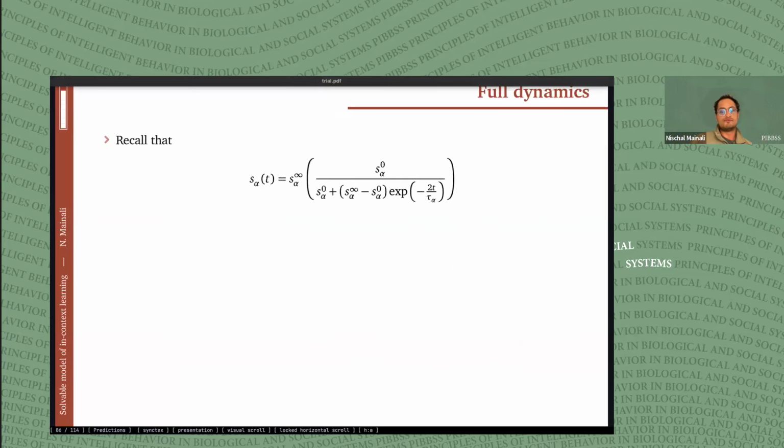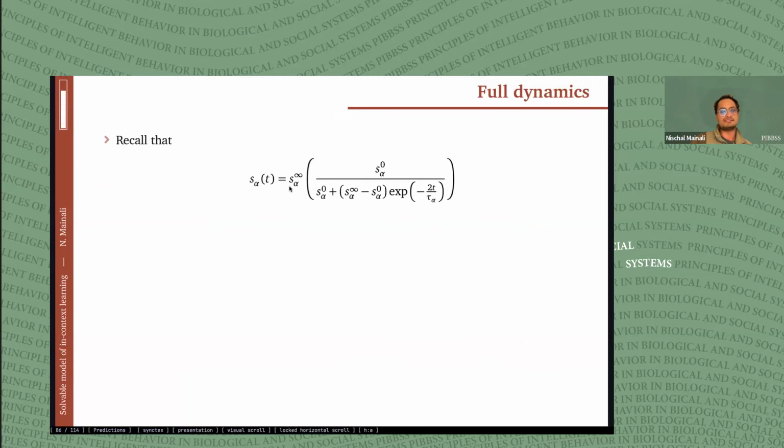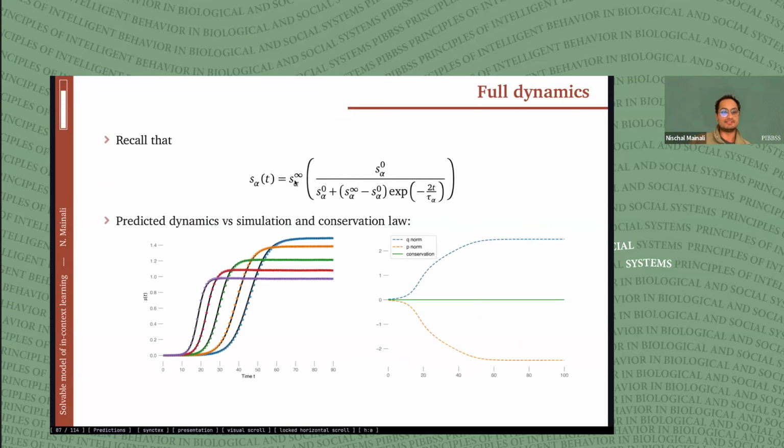But what about the full dynamics? In the full dynamics, what we know is S alpha is inversely proportional to sigma, if you remember this inverse term. So the larger the value of the diagonal, the slower it will be learned, but the time scale is different. So you get a curve like this on the left.